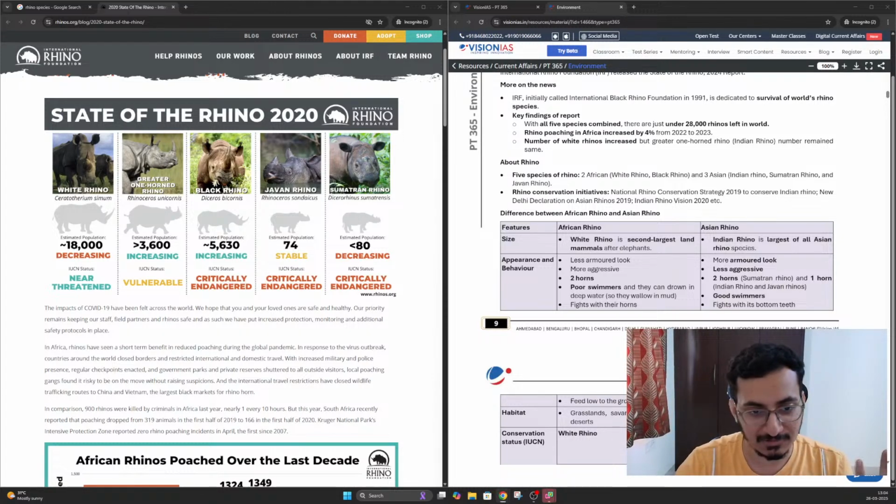So the idea is to just remove the horn of the rhinoceros through a proper surgery so that no one else is able to steal it.